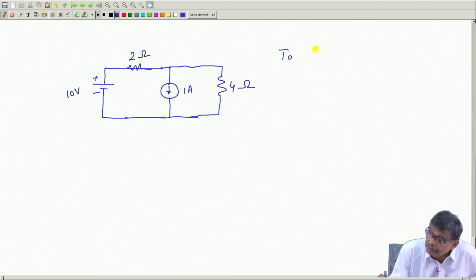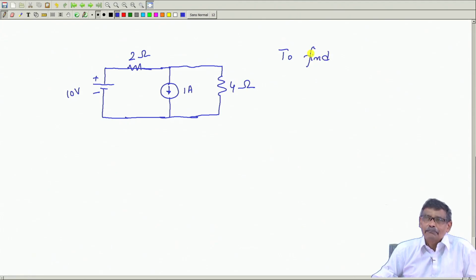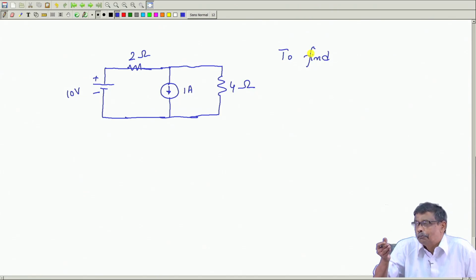So you should not be upset because of the presence of many current sources in a circuit. Rather, if more current sources are present, your labor is going to be less to find out currents in other branches, because those branches hosting current sources have currents that are already known.